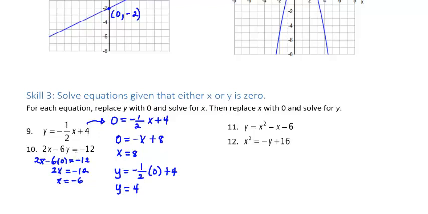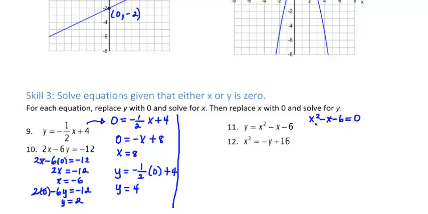When we replace x with 0, we get 2 times 0 minus 6y equals negative 12. 2 times 0 is 0, so this is negative 6y equals negative 12. And dividing by negative 6 gives us y is equal to 2. In number 11, when we replace y with 0, we get x squared minus x minus 6 equals 0.